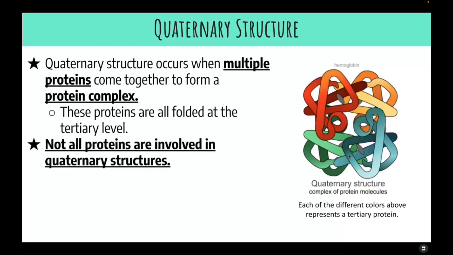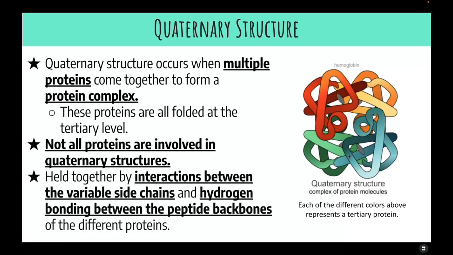Not all proteins are involved in quaternary structures, but they're held together by interactions between the variable side chains and hydrogen bonding between the peptide backbones. So for a quaternary structure, what's holding them together, the bond, is anything really. It could be a hydrogen bond, a covalent bond, or an ionic bond, but it's between the R groups of the different polypeptides, all right?